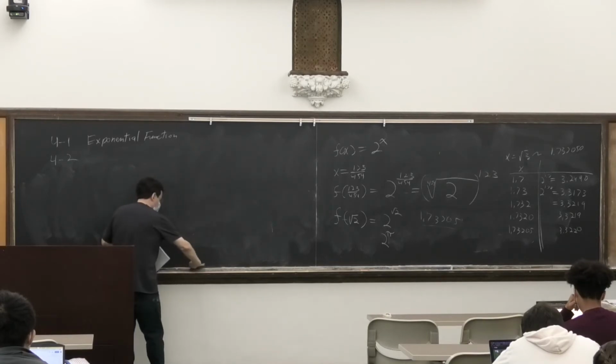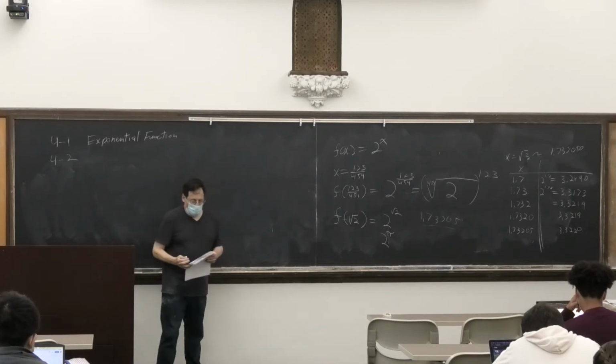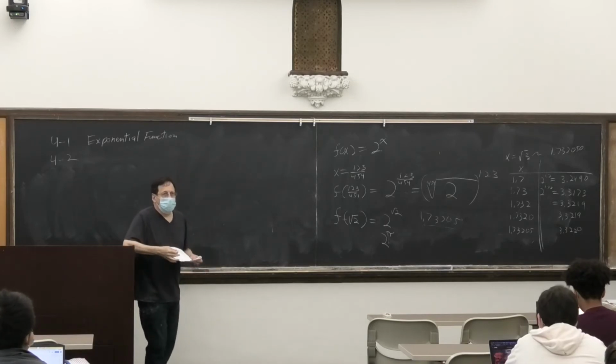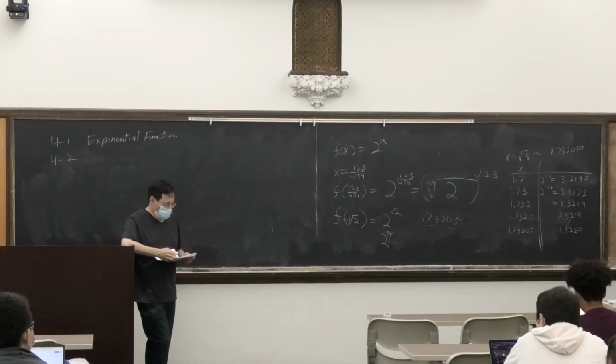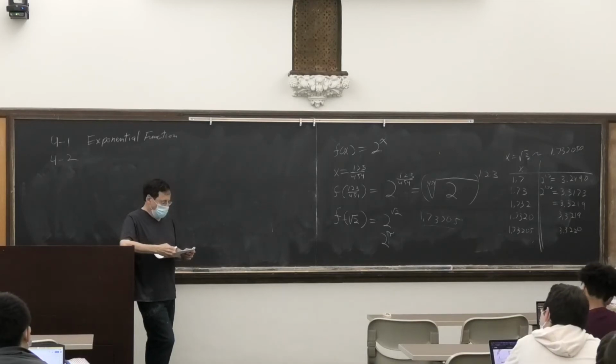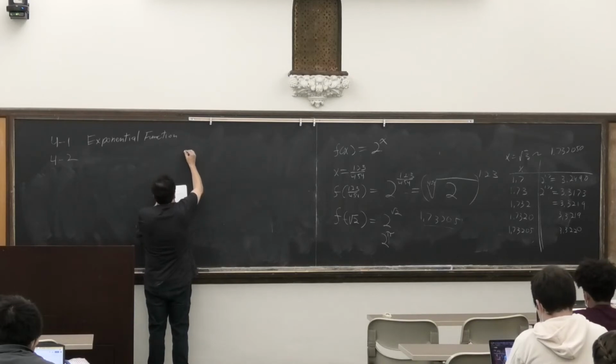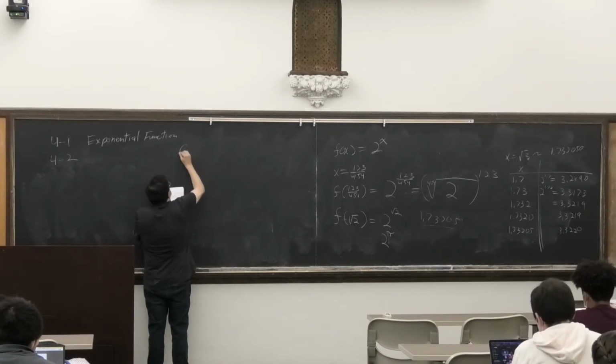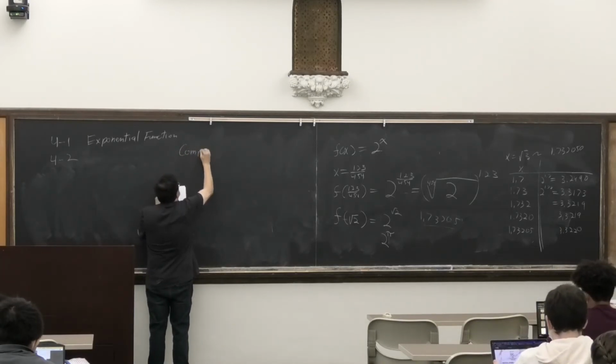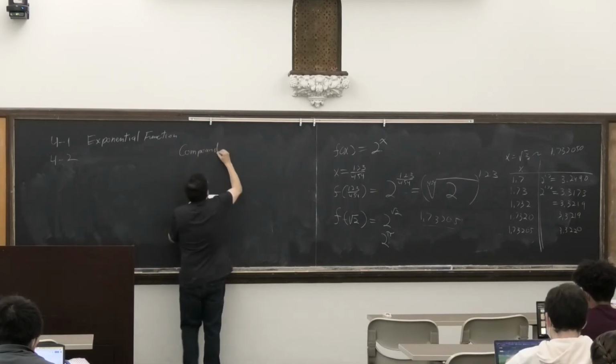Now here's an example that all of you will run into. If you're a business major, this is going to be right up your alley. This idea of using an exponential function to handle compounded interest.